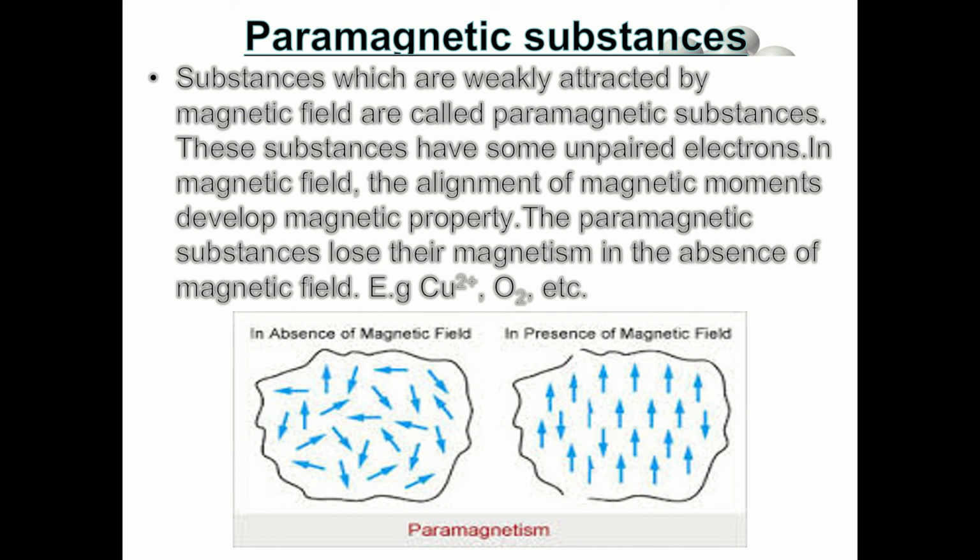The paramagnetic substances have temporary magnetism, that is, they lose their magnetism in the absence of the external magnetic field. So cupric ions or dioxygen are some of the solids which show paramagnetic behavior.